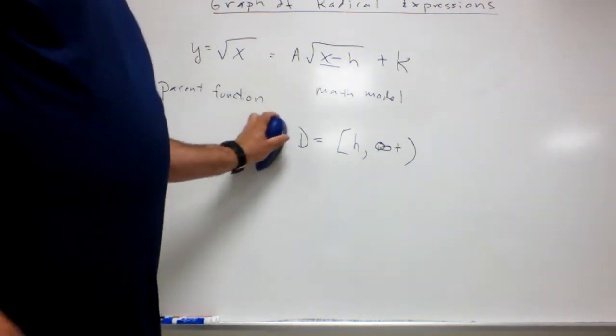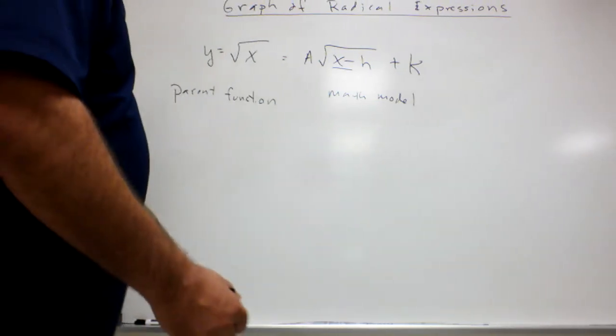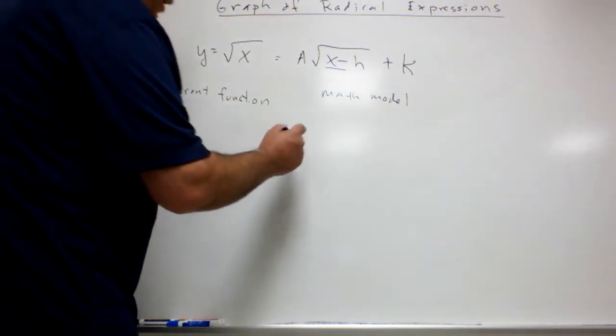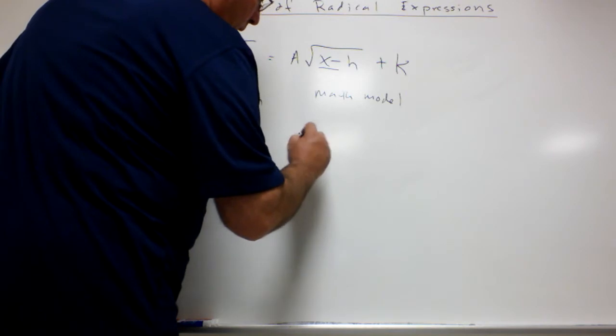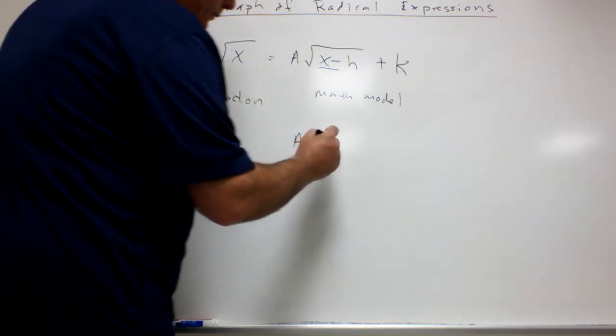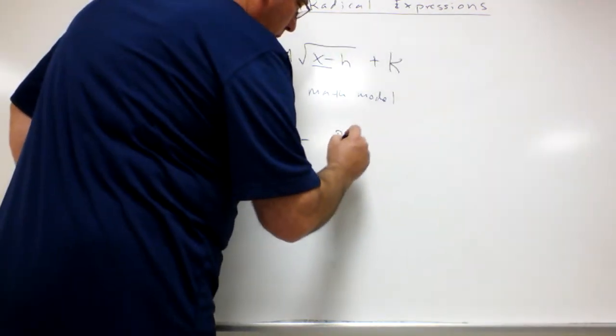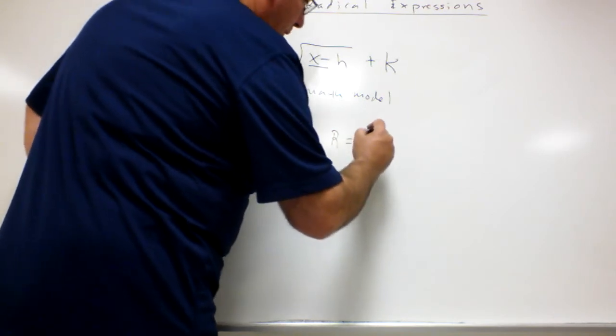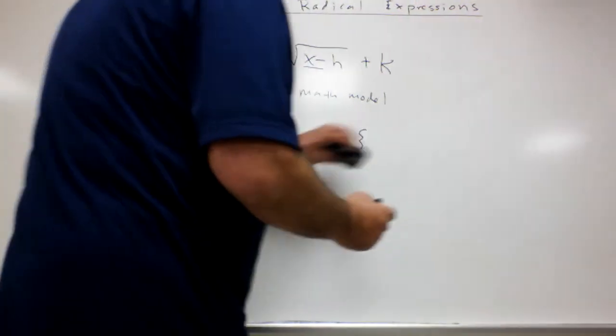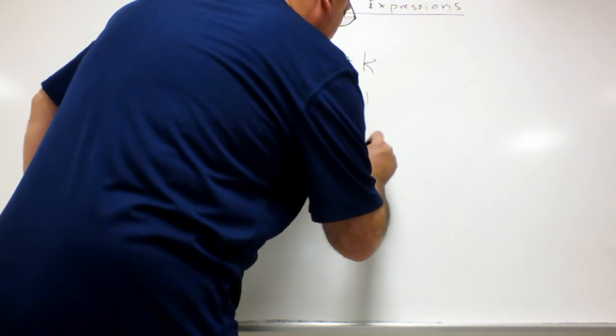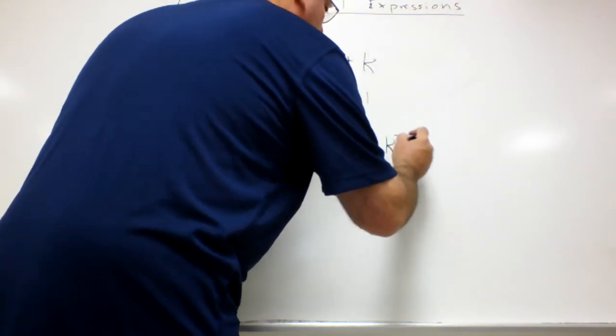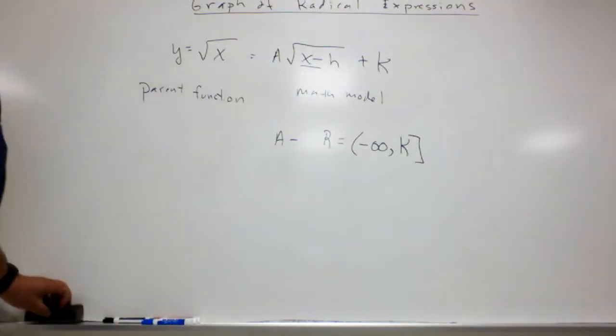The range of all of these functions is special. The range is affected by the sign of a. If a is negative, then the range goes from negative infinity to k and stops.